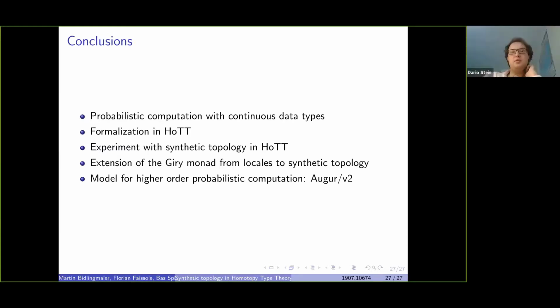Would it be possible to build a topos on top of measurability as a fundamental notion instead? I think that's what the group around Sam Staton has done. So they start with a set of measurable functions.